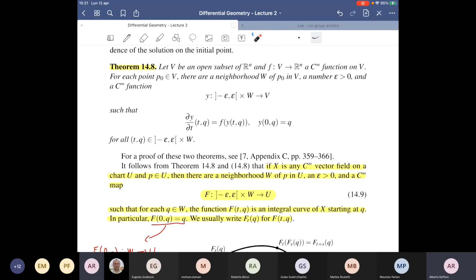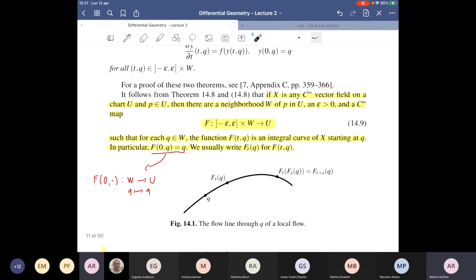So in particular, if you take any smooth vector field on the manifold, choose a chart around a point P, then you will end up with a neighborhood of that point inside U and some positive real number, and a smooth map, which is this capital F here, for which the function F(t, q) is an integral curve of X starting at q.